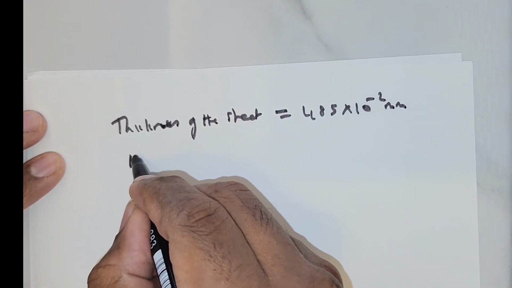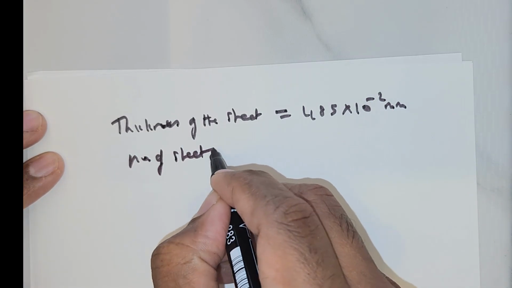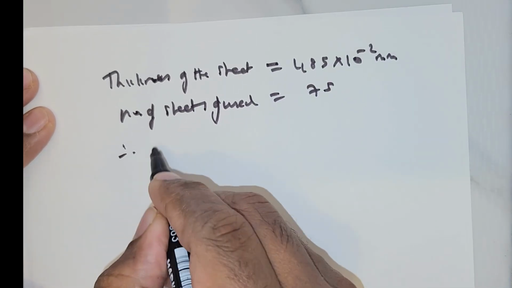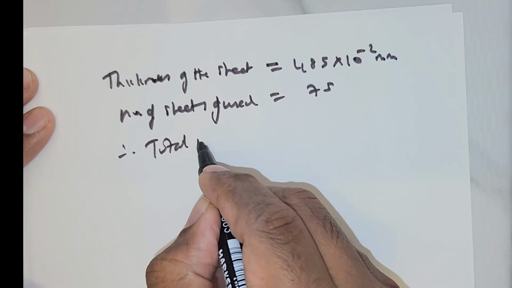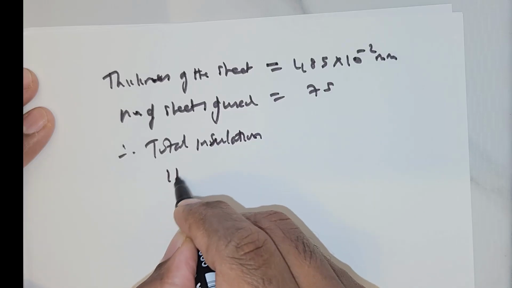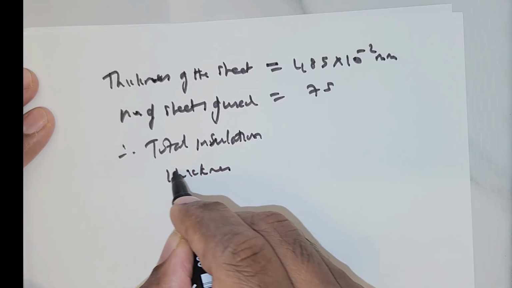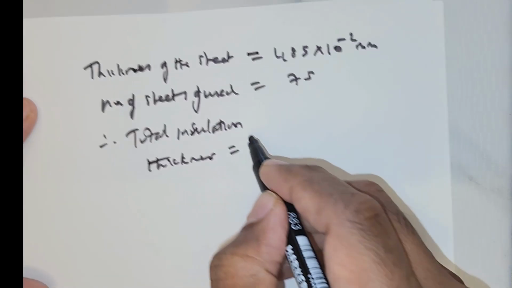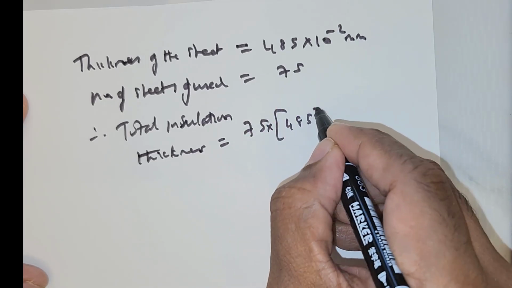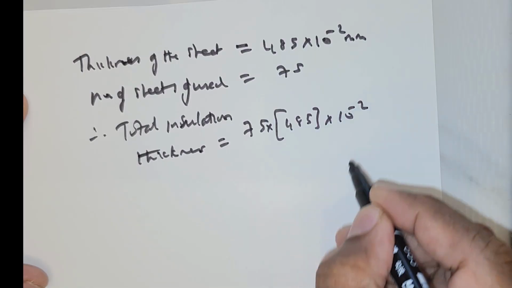The number of sheets used is 75. Therefore, total insulation thickness is equal to 75 multiplied with 485 multiplied with 10 power minus 2.